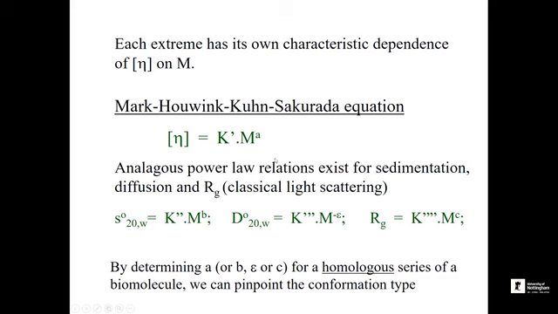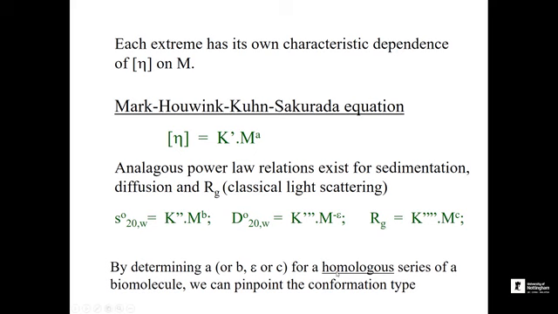So by determining this, don't ask me why that's minus epsilon, and this, ABC, and minus epsilon. Yeah. So by determining these, we can pinpoint the conformation type of the molecule.